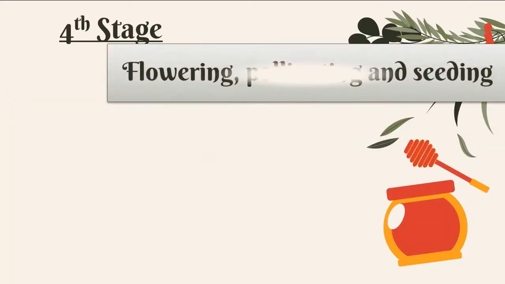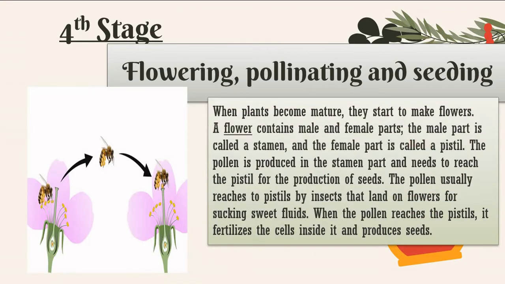We also have the fourth stage, which is called flowering, pollinating, and seeding. When plants become mature, they start to make flowers. A flower contains male and female parts. The male part is called the stamen, and the female part is called the pistil.